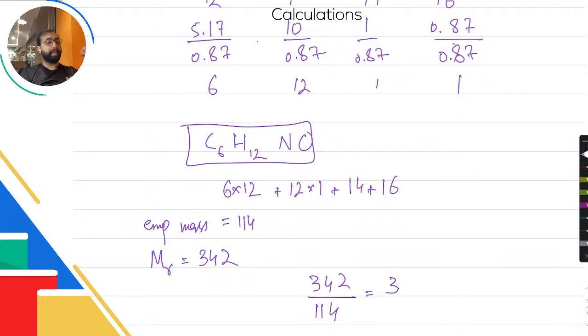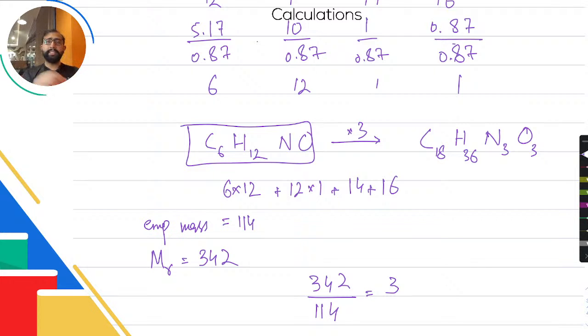Now I'll multiply the empirical formula by 3 to get my molecular formula. So this multiplied by 3 gives me C18, H36, N3, and O3. So when MR was 342, my ratio is 3, and my molecular formula will be different. But if my ratio is 1, molecular formula and empirical formula are the same thing.